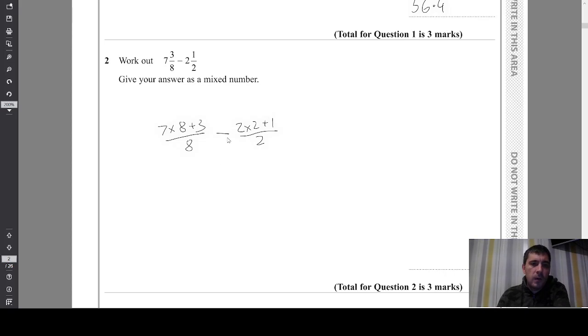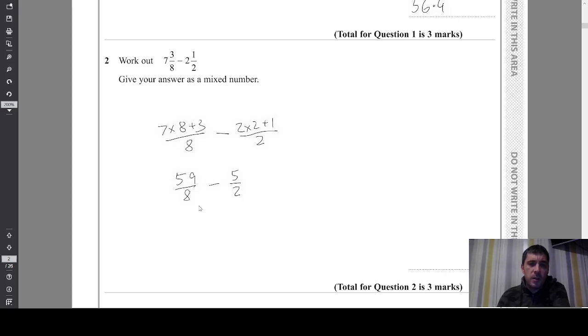After recapping times tables, I know that 7 times 8 is 56, plus 3, we get 59 over 8, take away 5 halves. What is the most common mistake? I've noticed that some students try just to multiply the denominators, so 8 times 2, but then it will bring really big numbers.